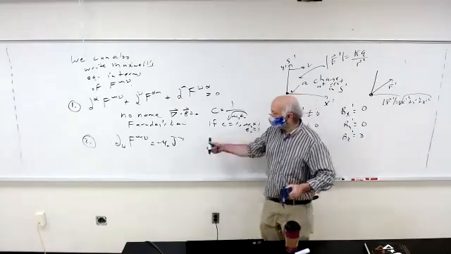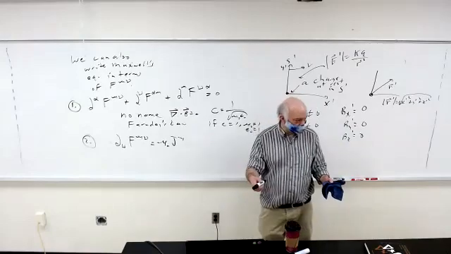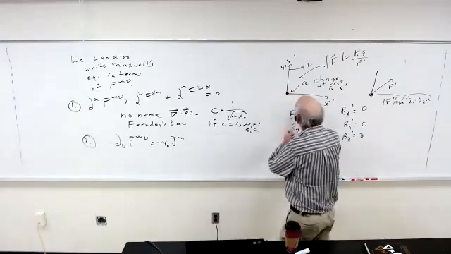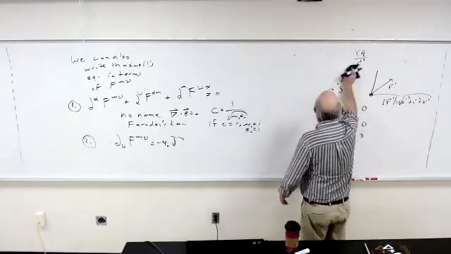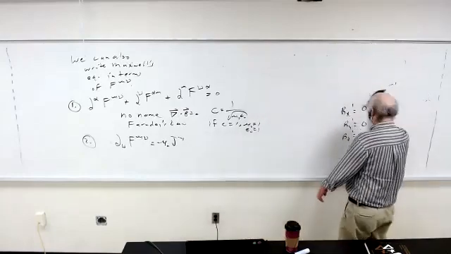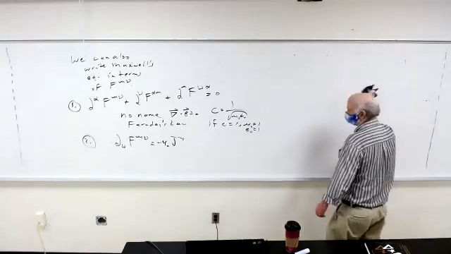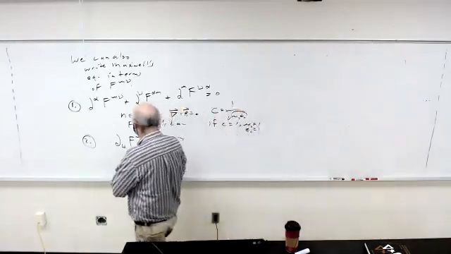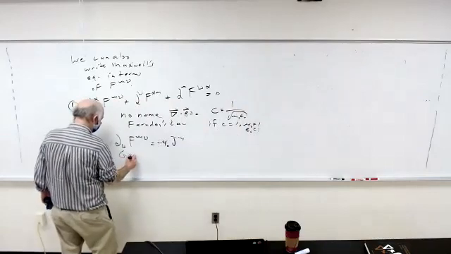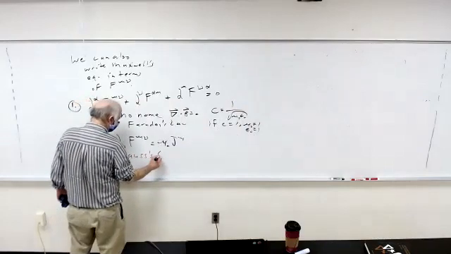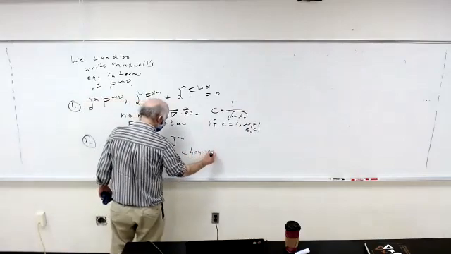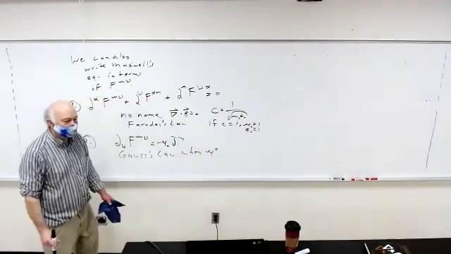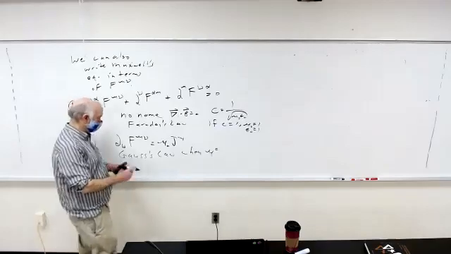Okay, so we didn't do Ampere's law for that one. So let's do Ampere's law. And so we said this one here gives us Gauss's law when mu equals 0.